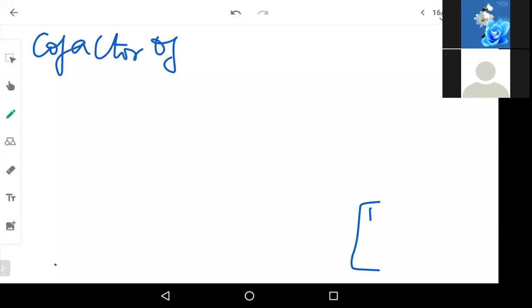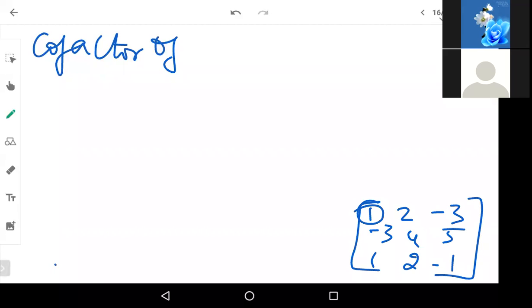Okay. So first one, cofactor of, what is our matrix? 1, 2, minus 3, minus 3, 4, 5, 1, 2, minus 1. Now the first element is 1.